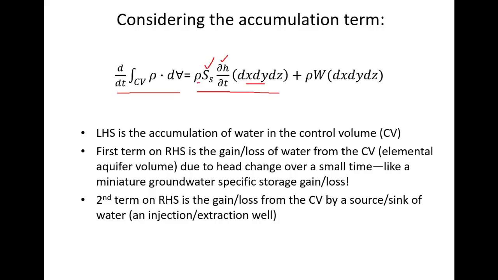And that would also be equal to any source or sink of water happening inside of our control volume. This would mostly be an injection or extraction well if we were having a real groundwater model. For now, let's just call it W and carry it along with us. The change of mass inside the volume is equal to this specific storage-related change, which has to do with the head drop or the head gain, and then any kind of source or sink of water inside the domain.